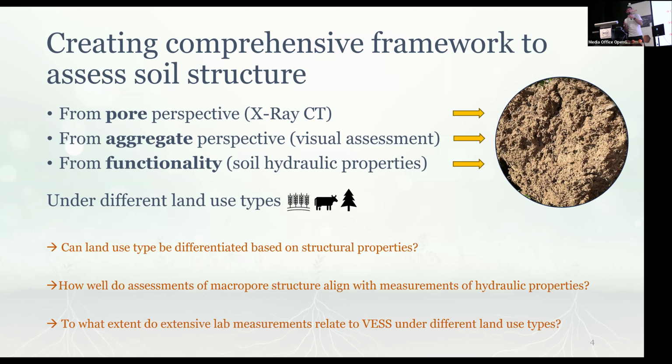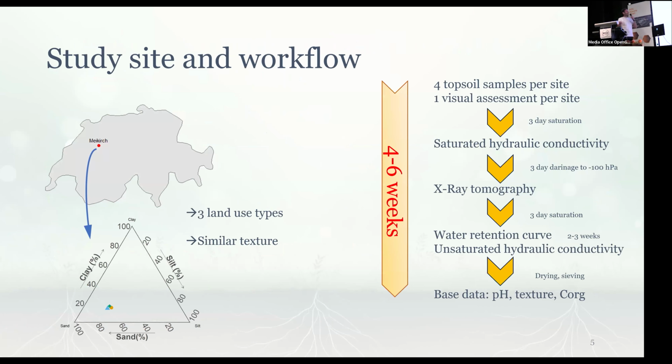Then obviously we hope that the metrics we derive from the CT, the pore structure, go in line with the hydraulic properties. And to make it a really useful, hands-on approach, it would be nice to see if we could link this visual assessment to the extended lab measurements that we do.